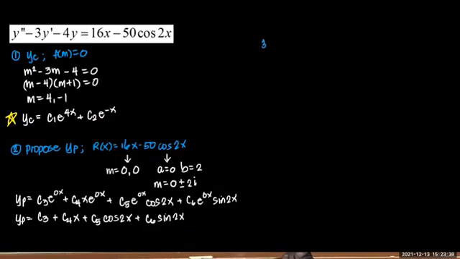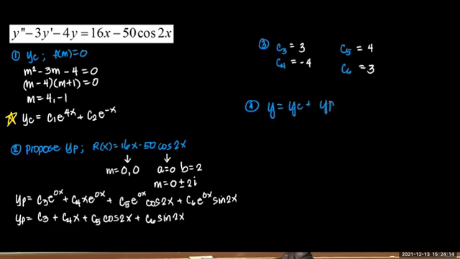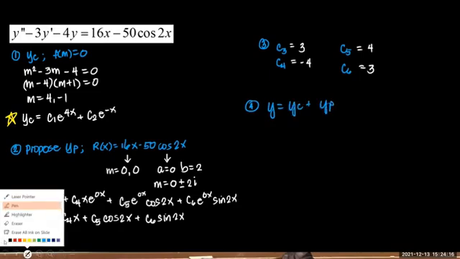Based from step 3, C3, C4, C5, and C6. What are your answers? What's C3? 3. C4 is negative 4. C5 is 4. C6 is 3. All right. Step number 4. Y is equal to the complementary plus the particular solution.